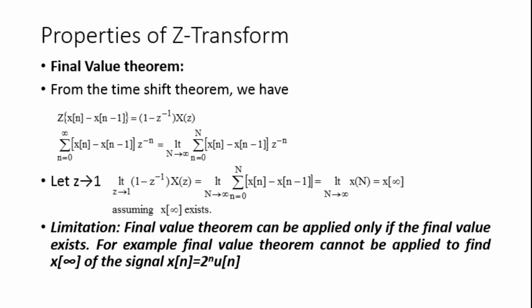We have one limitation. The final value theorem can be applied only if the final value exists. For example, the final value theorem cannot be applied to find x of infinity of the signal x of n is equal to 2 to the power n into u of n.